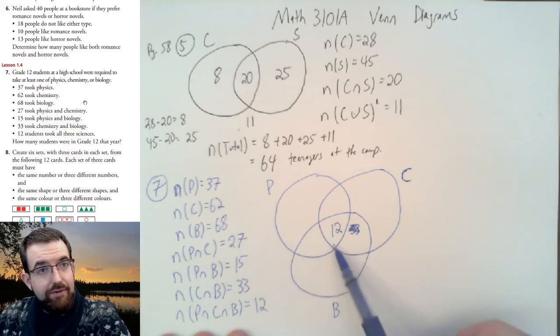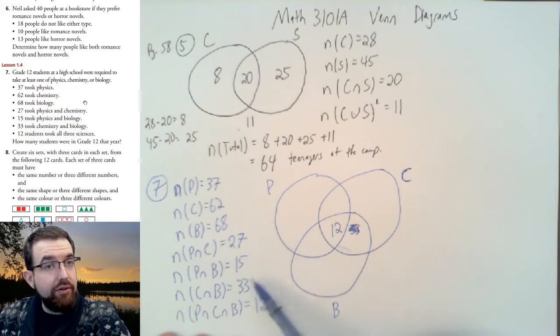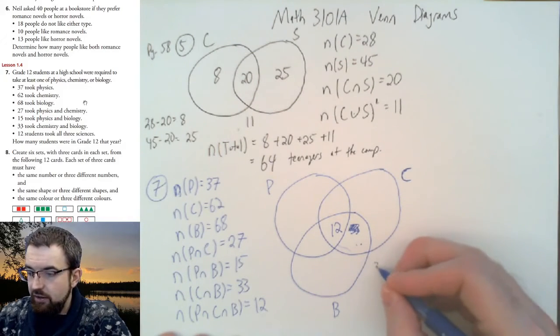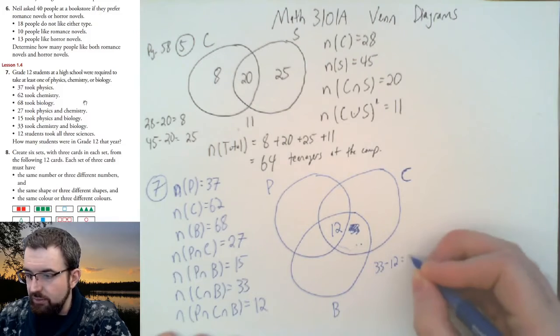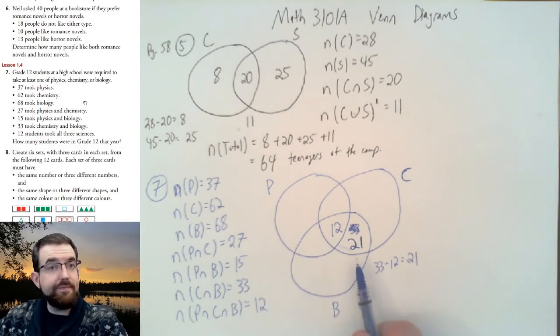It's actually this full oval, almond-shaped area, right? So the 33 has to be these two put together. So this one here is going to be 33 minus 12 equals 21. So this one is going to be a 21 right here, right?